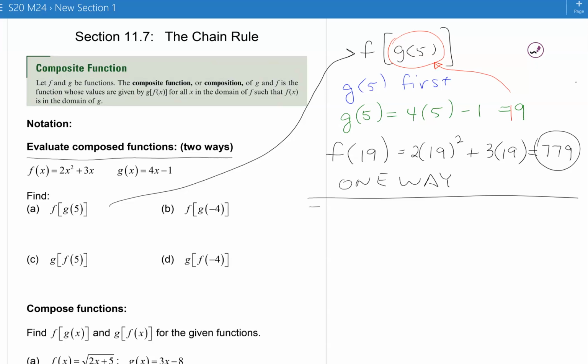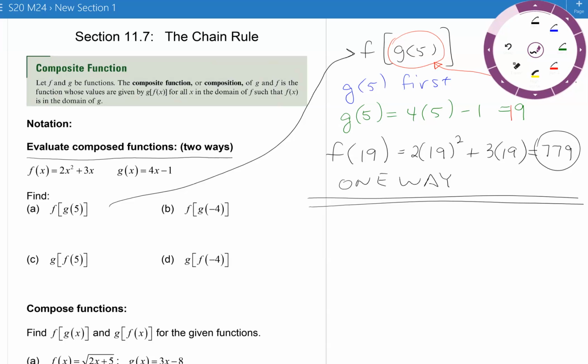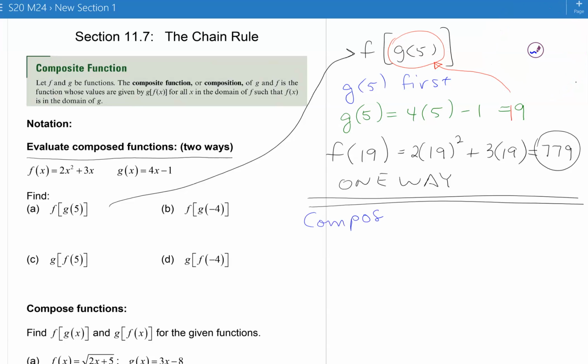Now I want to show you the other way, which is actually going to be the preferred way, which is to compose the functions first. So we're first going to find f of g of x, then plug in the 5.